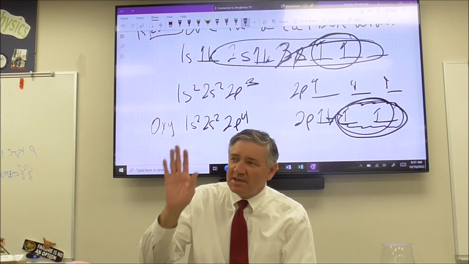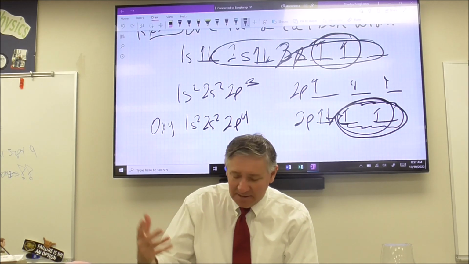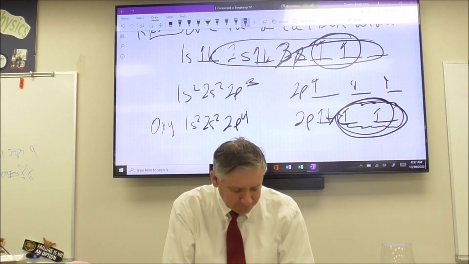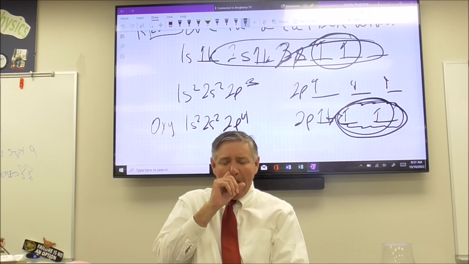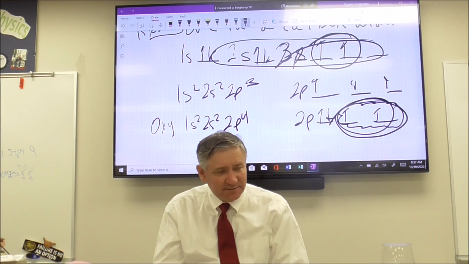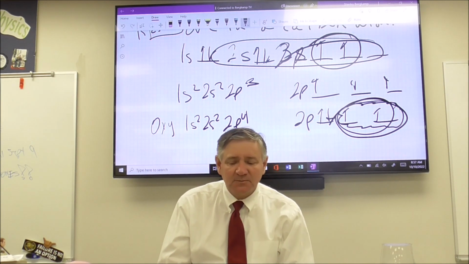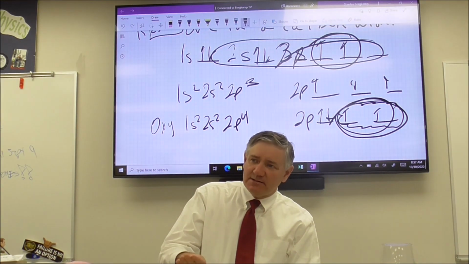Okay, so we have one last big topic, and that's light and sound. And you're thinking, what does light have to do with this? Basically, we can't directly observe what's happening inside an atom.